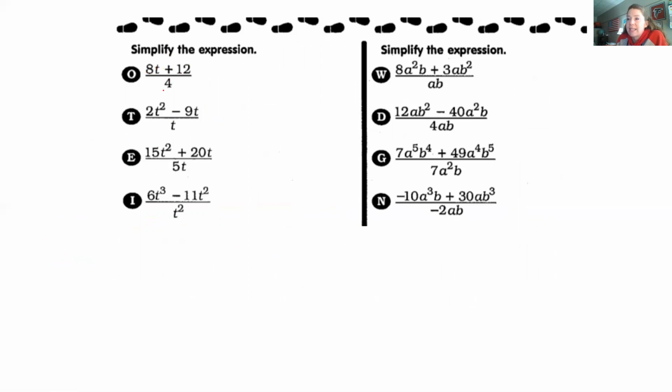So since 8, 4, and 12 can all be divided by 4, that means that's what we're going to divide by. So basically you're going to think of this as two separate terms. So 8t divided by 4 is 2t, plus 12 divided by 4 is 3. And the only reason the denominator goes away is because you divided both terms by 4.